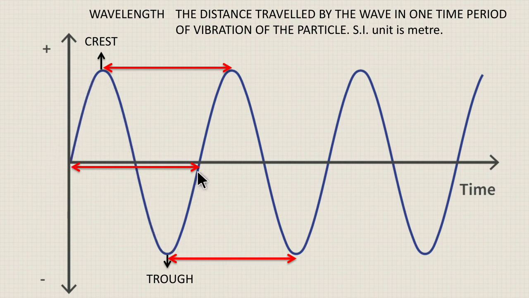So the distance traveled by this wave in one time period of vibration of the particle is the wavelength, and its SI unit is meter. The wavelength is represented by the Greek letter lambda. So this is your lambda.